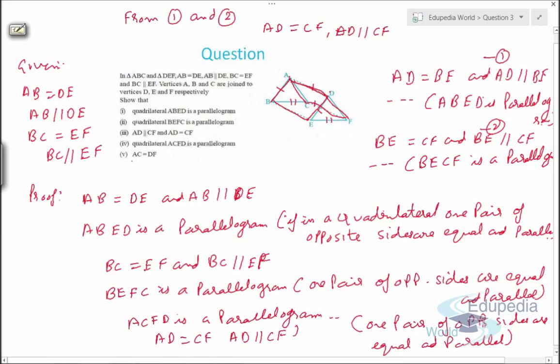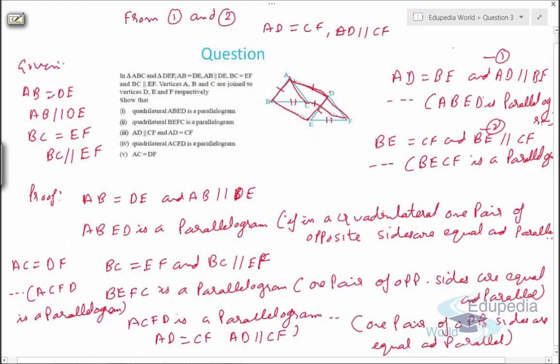Now let's see how we can prove that AC equals DF. Why? Because we have proved ACFD is a parallelogram. So this is how we can prove these type of questions.